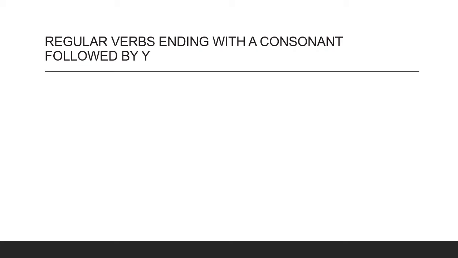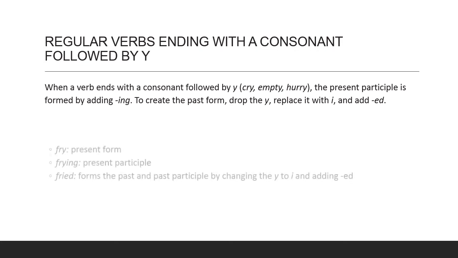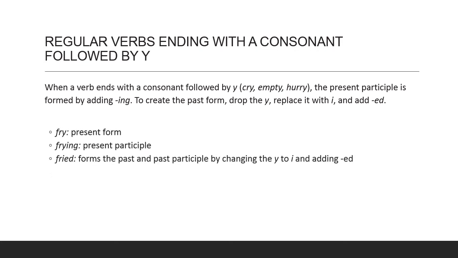Sometimes regular verbs might end with a consonant followed by Y. So when a verb ends with a consonant followed by Y, like cry, empty, hurry, the present participle is formed by adding ing. To create the past form, we drop the Y and replace it with I and then add ed. So for example, frying becomes F-R-Y-I-N-G.